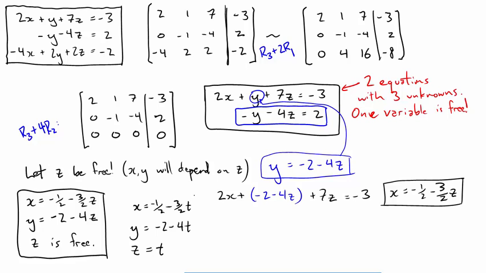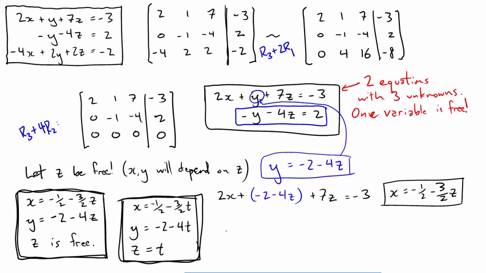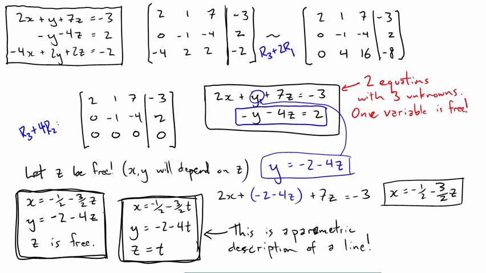But what we gain is that these two black boxes contain the same information. They're just written a little differently. But this second one is a parametric description of a line. And that might not have been obvious when we were looking over here.